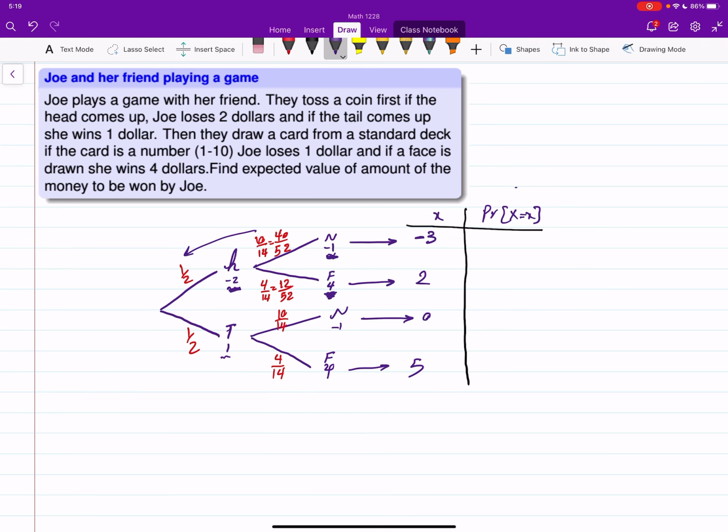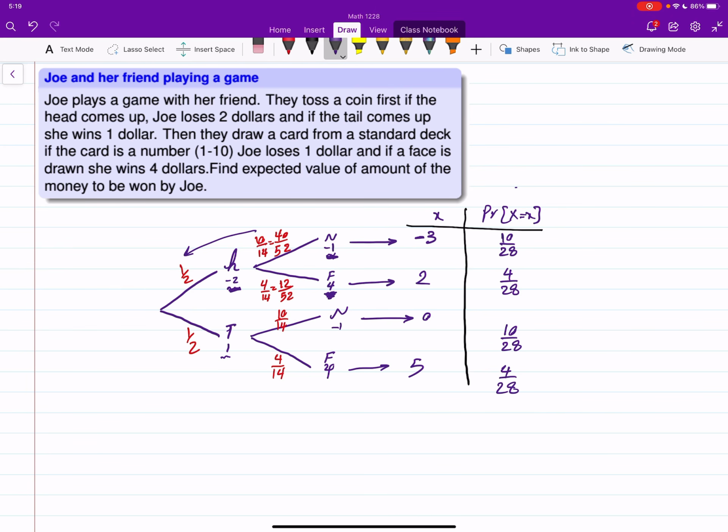Half times 10 over 14. So this will be 10 over 28. This one is going to be 4 over 28. I won't simplify for the moment. This will be 10 over 28. And this will be 4 over 28.